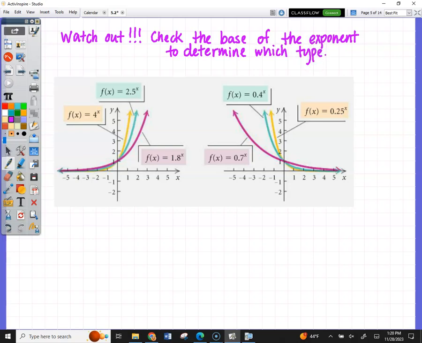Check the base. Don't go by the picture of the graph. If the base is greater than 1, it is growth.